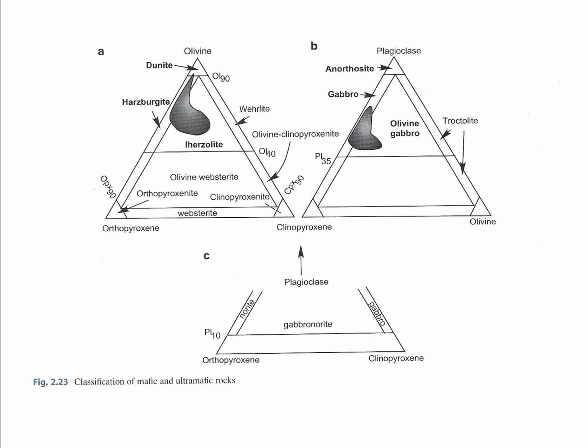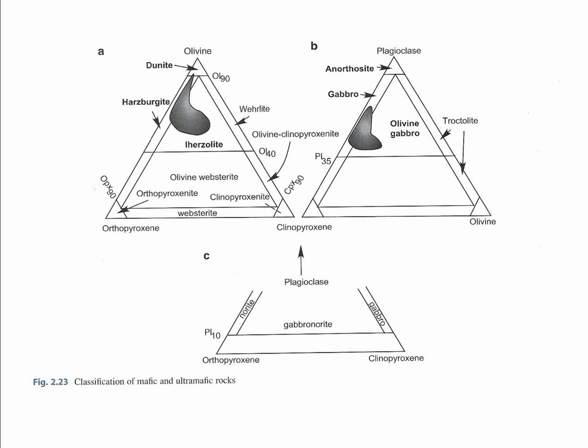On the other hand, if we replace the clinopyroxene with orthopyroxene, we form orthopyroxenites when we have a lot of orthopyroxene in the system. If we have a rock containing mainly orthopyroxene and clinopyroxene, we have a websterite. If we add some olivine, we have an olivine websterite.